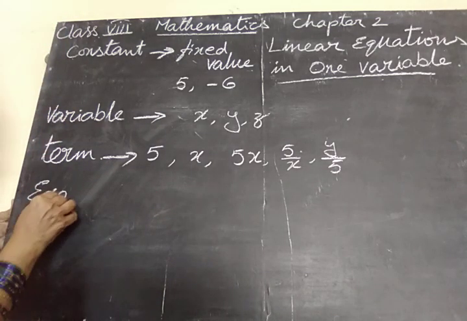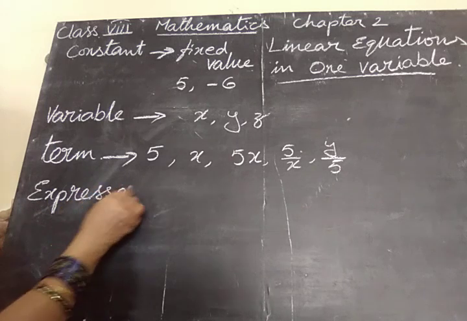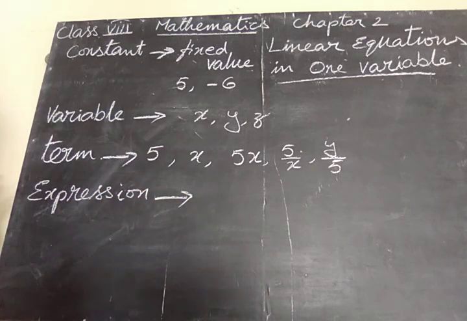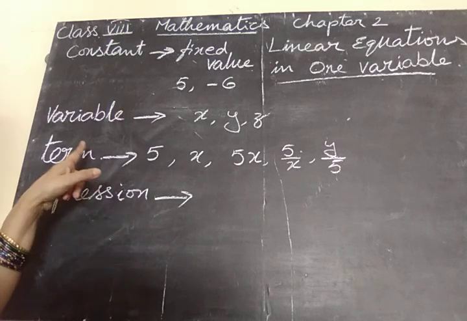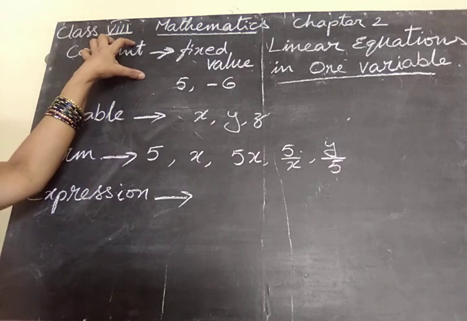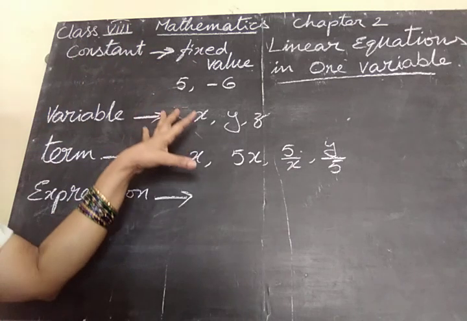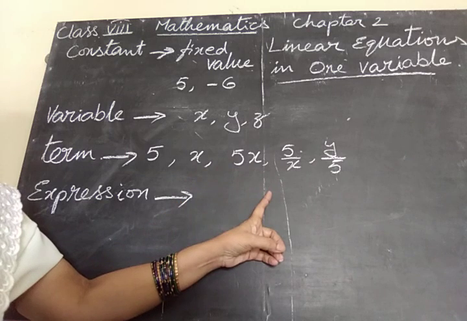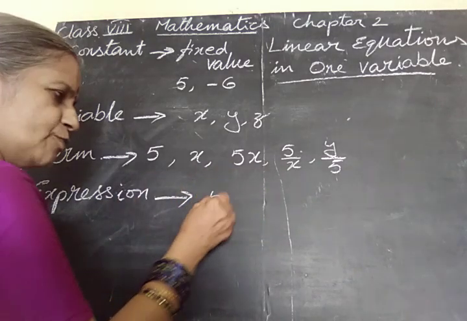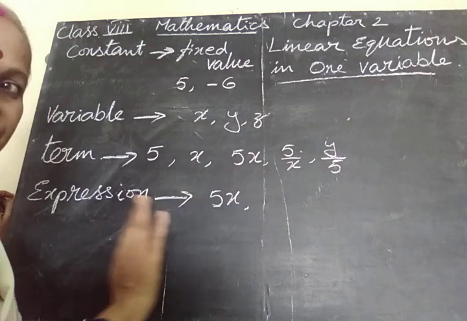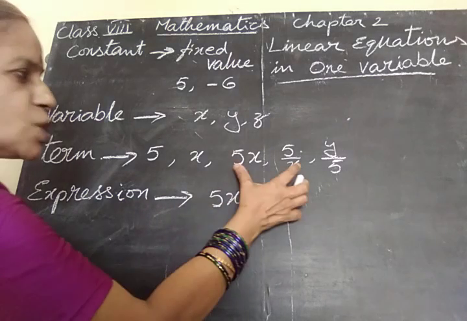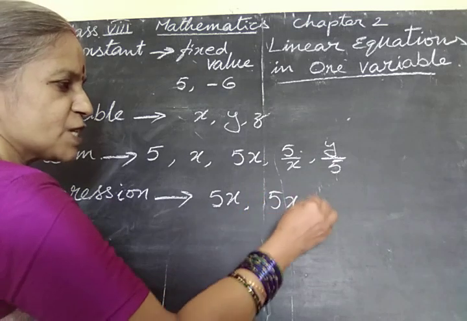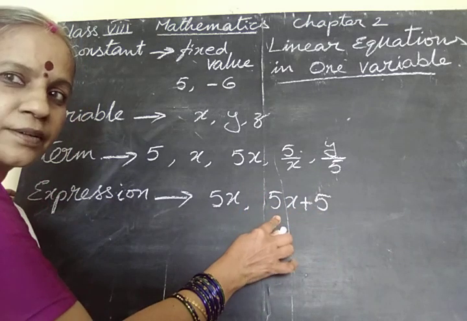Now expressions. What is meant by an expression? An expression means a constant alone, or a term only, and even a single term like 5x is an expression. Two terms, suppose 5x plus 5, is also called an expression.